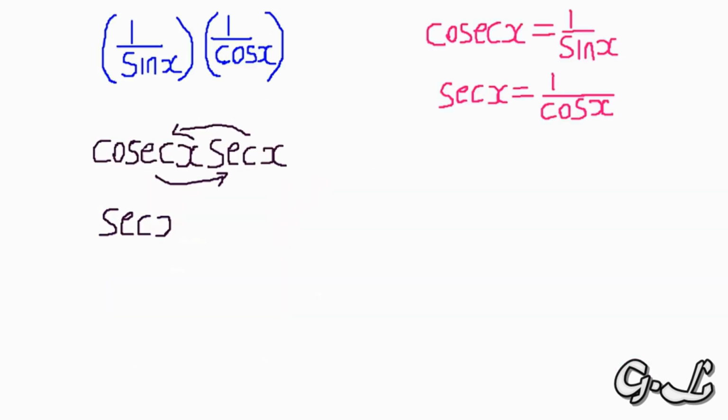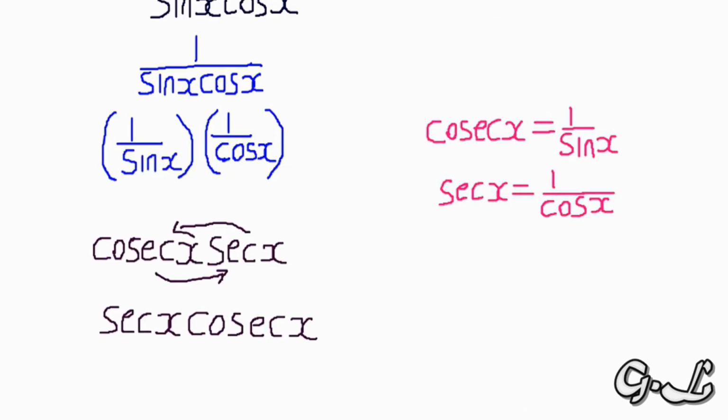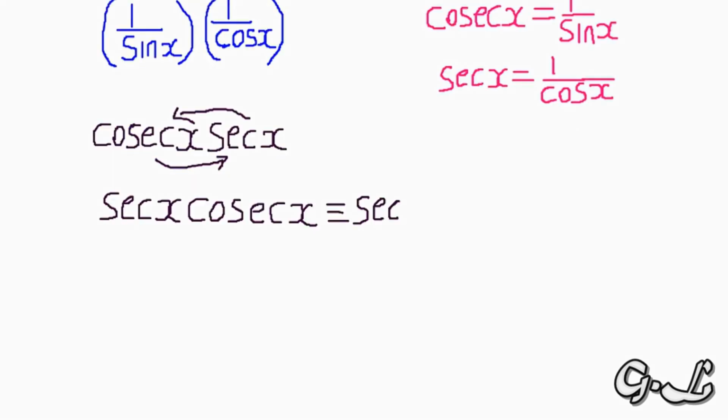So they can easily be swapped since there is multiplication between them. So when you swap them, it will be sec x cosec x, and that is equivalent to what you are given in the statement, which is sec x cosec x.